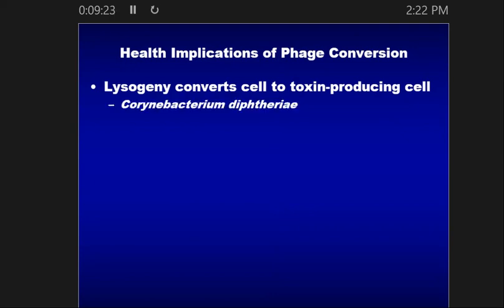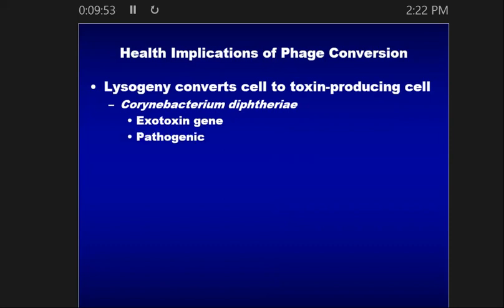So for example, they've discovered that this bacteria, Corynebacterium diphtheriae, which causes diphtheria, has to have prophage in it in order to be a pathogen. If you've had med micro, this will make sense. It codes for an exotoxin. So it has to have the exotoxin gene, and that's what makes this bacteria pathogenic.